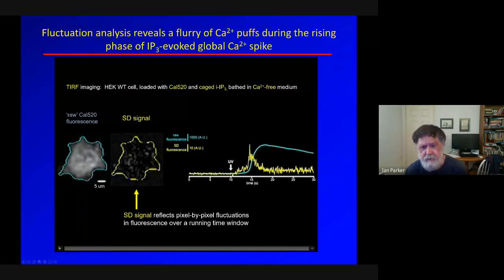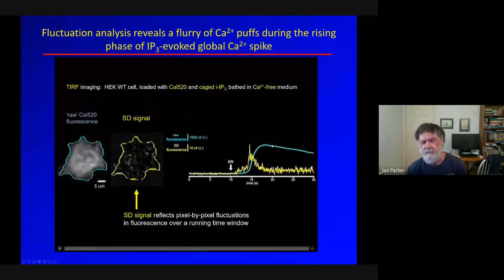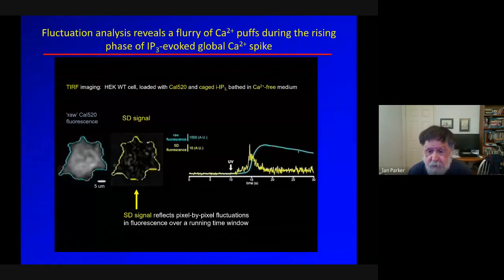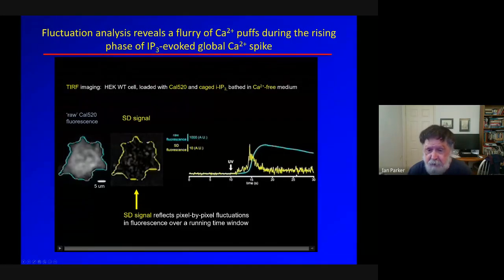What you can see is there's a flurry of puffs early on during the rise of the calcium. The puffs terminate, the calcium rise continues for a while, and then it's sustained, coming down slowly, even in the presence of uptake and sequestration mechanisms, which would otherwise bring it down much more rapidly if there weren't a sustained release going on. So that's our method.